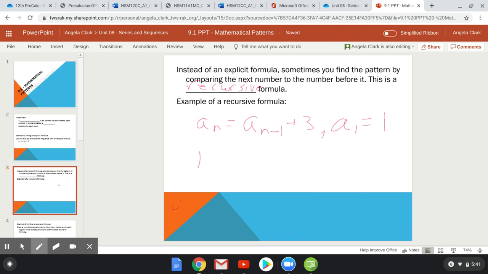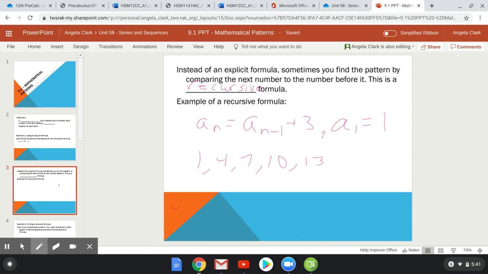My first term was 1, my next term is 4. 4 plus 3 is 7. 7 plus 3 is 10. See how I'm always using the previous term to find the next term. 10 plus 3 is 13. So that's how recursive formulas work. You have to know the previous term in order to find the next term.